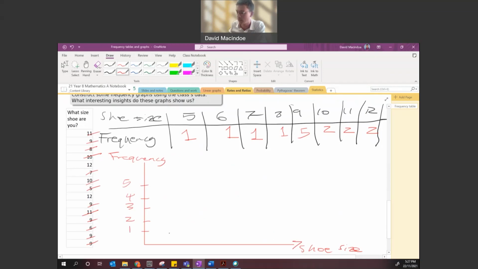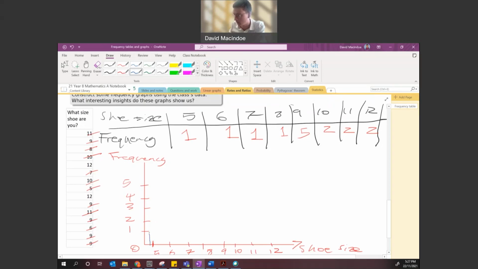And then for shoe size, I'm going to give myself a gap here. Remember how if we don't start at 0, we leave a gap. So here's 0, right? And then here I'm going to say is 5. So my first column there will be a gap. The rest, we don't need any gaps. 6, 7, 10, 11, 12. So all of these are going to be 1.